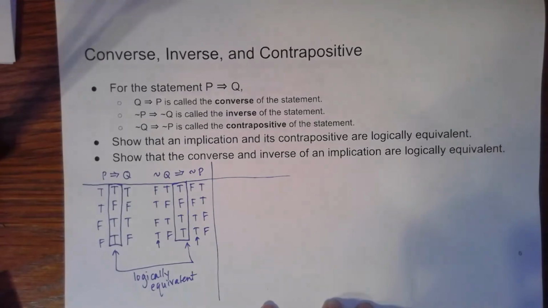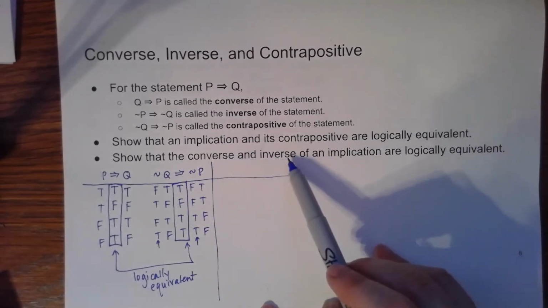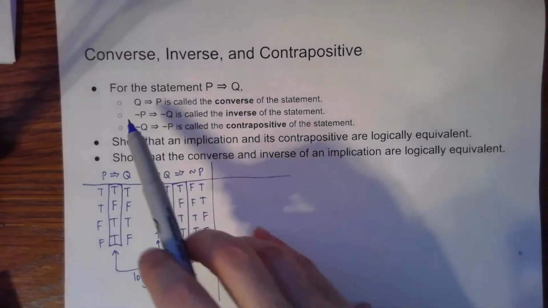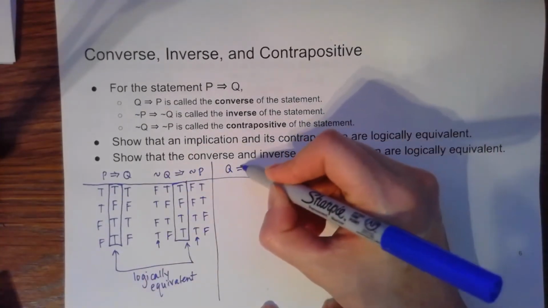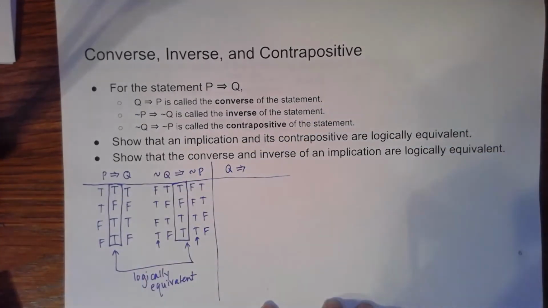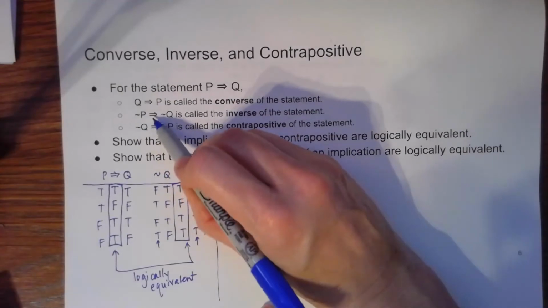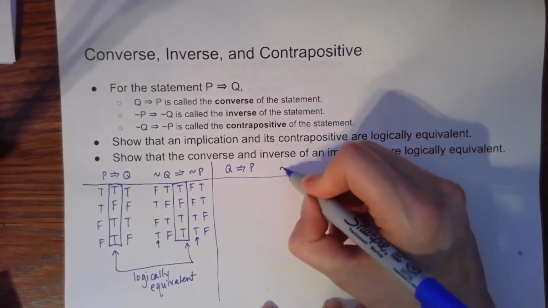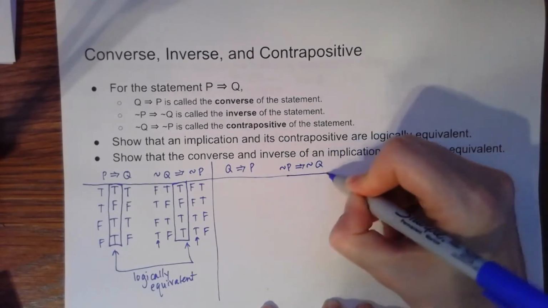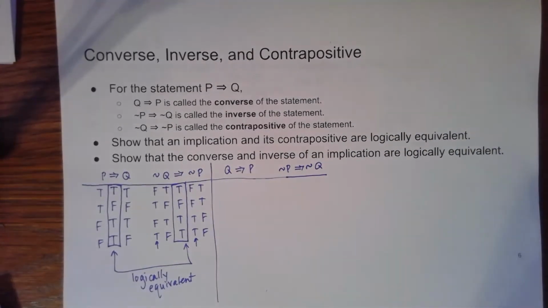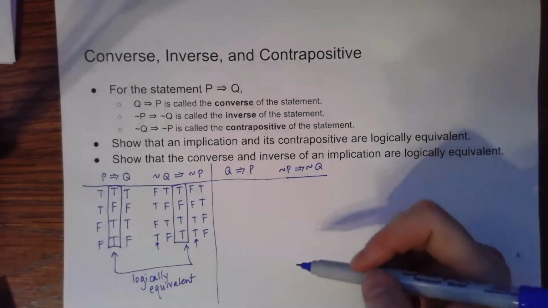Now it's also true that the converse and the inverse are logically equivalent. So let's look at this. Q implies P is the converse. And the inverse is not P implies not Q. Let's look at the truth values of those and prove that they are also logically equivalent.